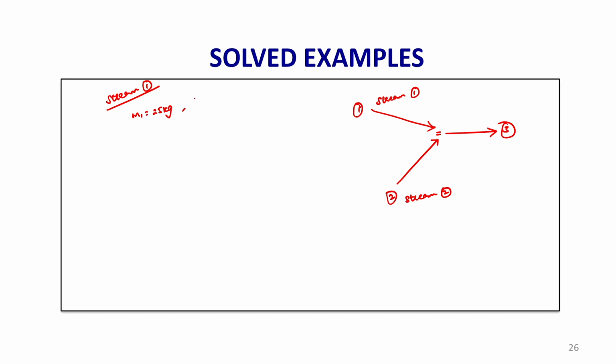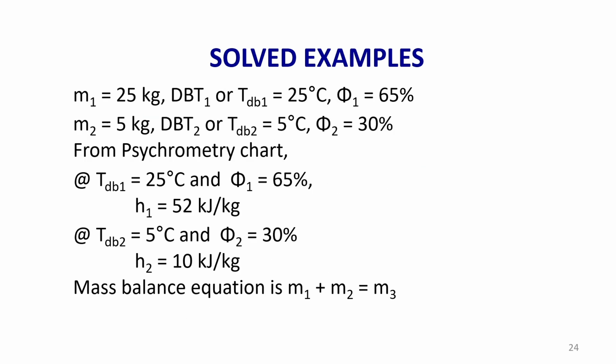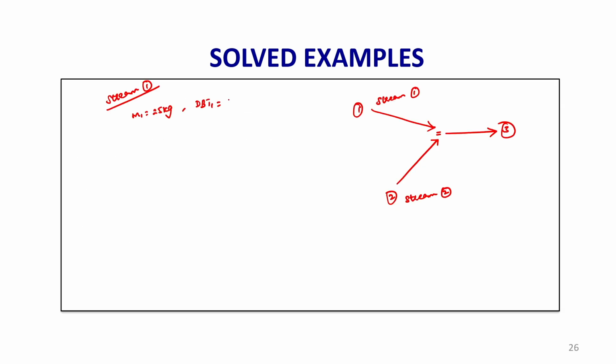Okay. Dry bulb temperature 1 is equal to 25 degrees centigrade, and phi 1 is 65, relative humidity is given, so that is expressed in terms of percentage. So, for this stream, mass is given, dry bulb temperature is given and relative humidity is given.